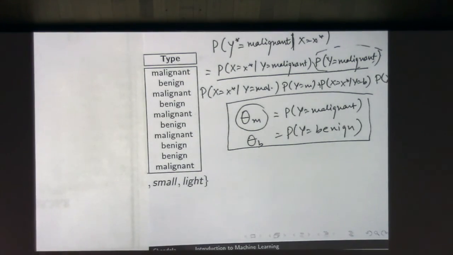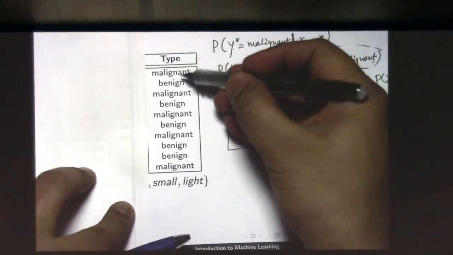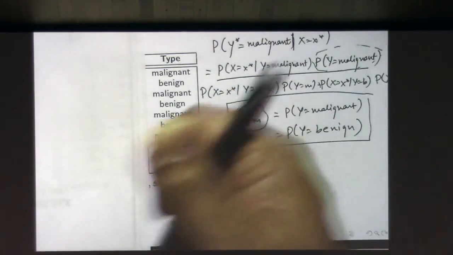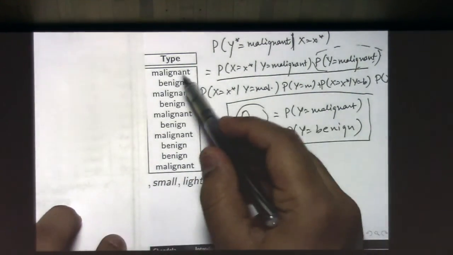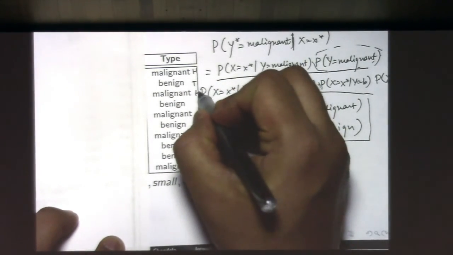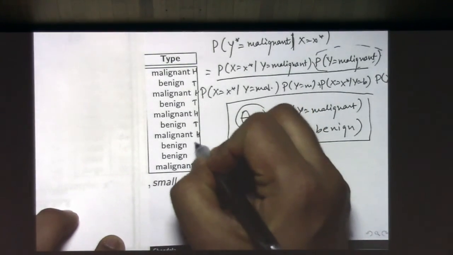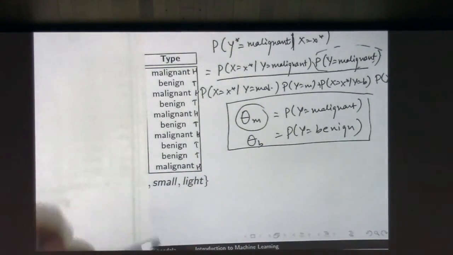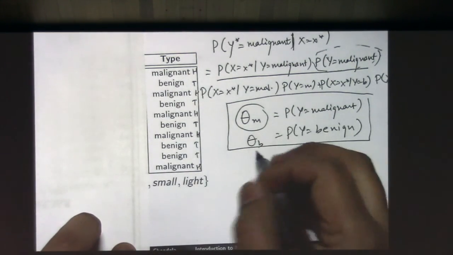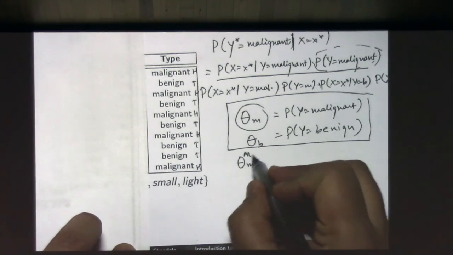In coin tossing, what we did two classes back was we said, okay, we just know what the output of the coin tosses were. So think of malignant as, let's say, H, and benign as T: heads, tails, heads, tails, heads, tails, heads, tails, tails, heads, right? So now we know how to compute this. That's the MLE, right? So can anyone tell what theta m is going to be by MLE estimate?